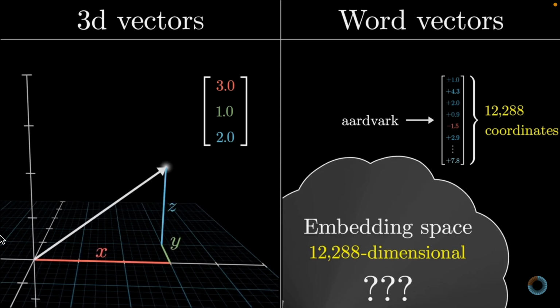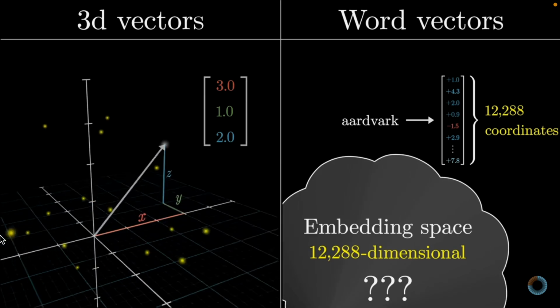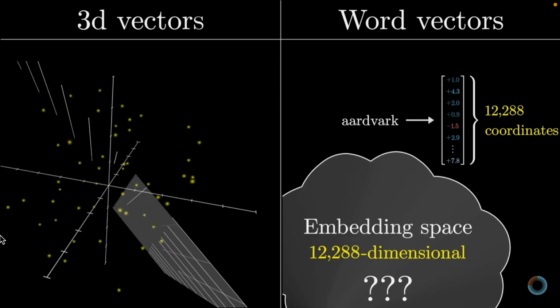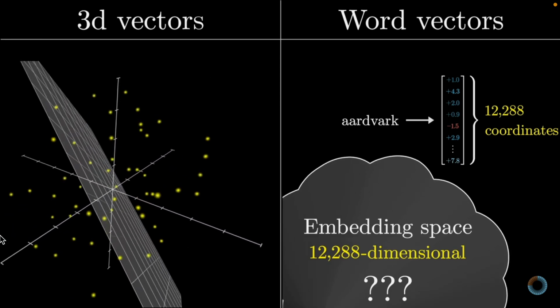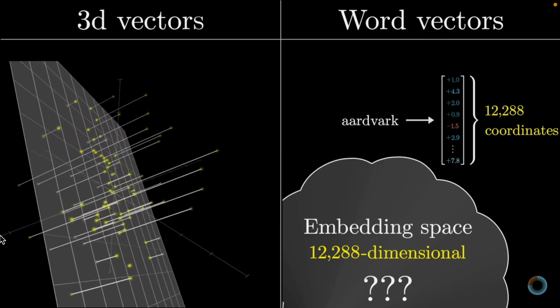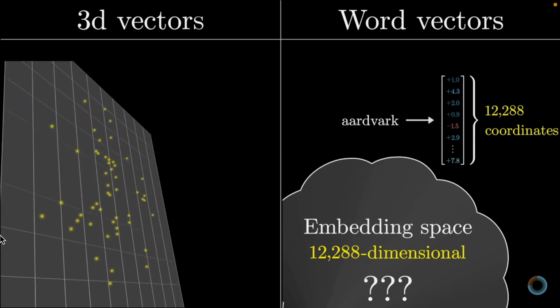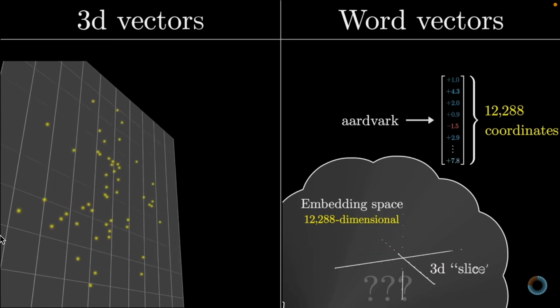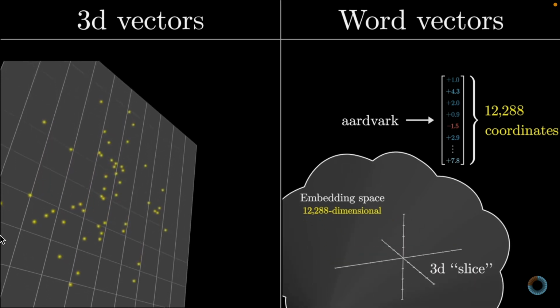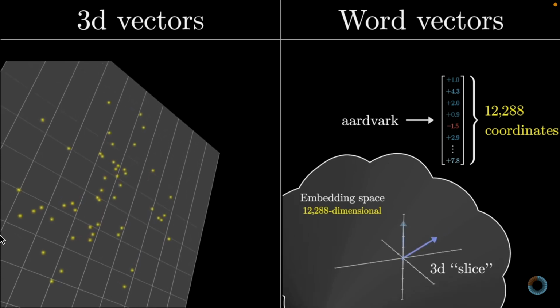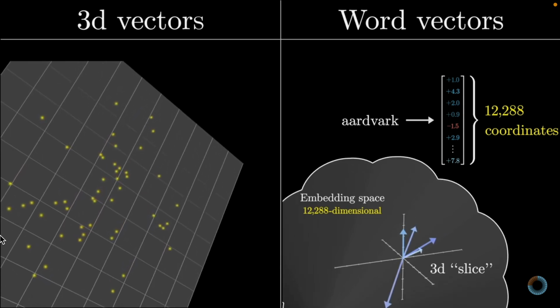As you'll see, it matters to work in a space that has a lot of distinct directions. In the same way that you could take a 2-dimensional slice through a 3D space and project all the points onto that slice, for the sake of animating word embeddings that a simple model is giving me, I'm going to choose a 3-dimensional slice through this very high-dimensional space and project the word vectors down onto that.